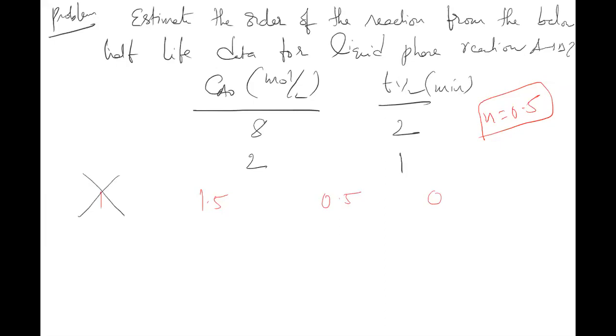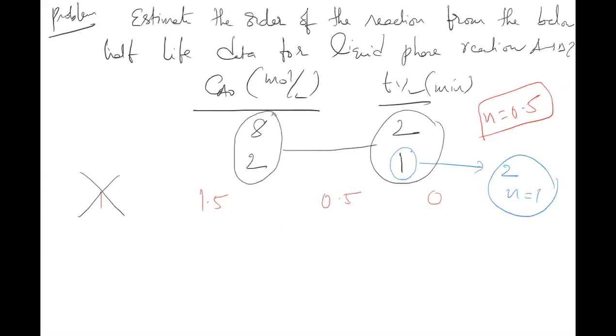The answer is not 1 because when I change the concentration, my half-life is changing. Suppose if this is 2, then the answer is simply 1, because by changing the concentration, the half-life is not changing. So how do you solve this problem?